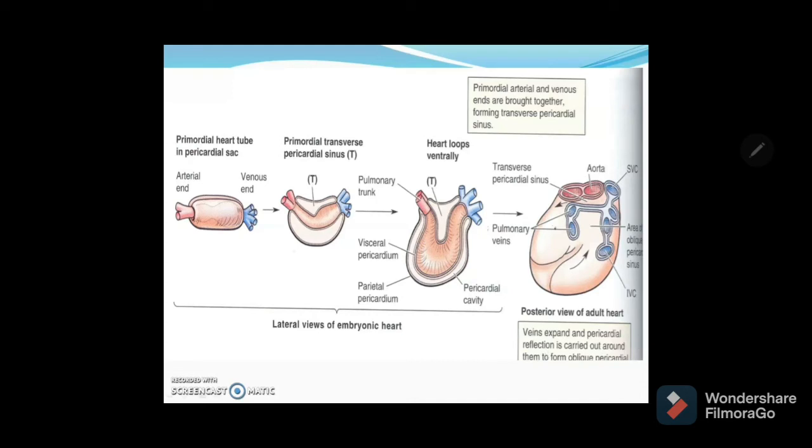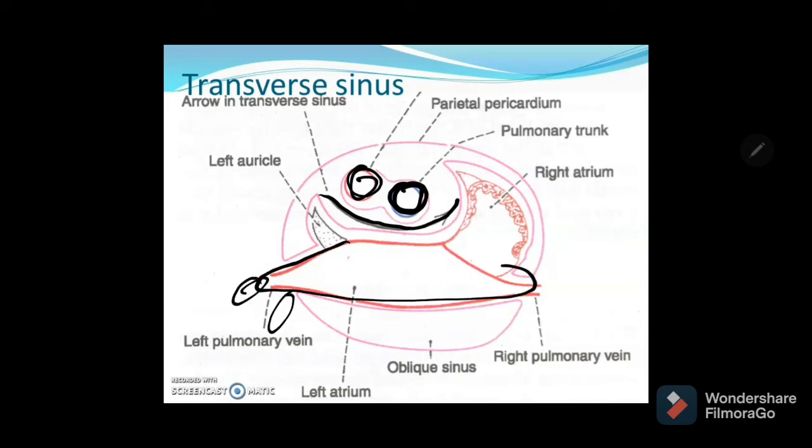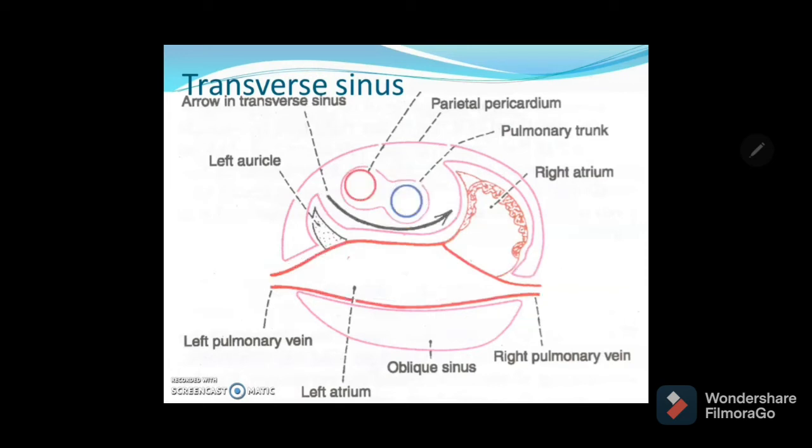Remember that. And next, as you go, you can see here, this is the picture from above. You can notice the transverse sinus here, anterior related to the ascending aorta and pulmonary trunk, posterior related to the left atrium, receiving the pulmonary veins, two sets of pulmonary veins. So it lies between the arterial end and venous end, that you should remember.